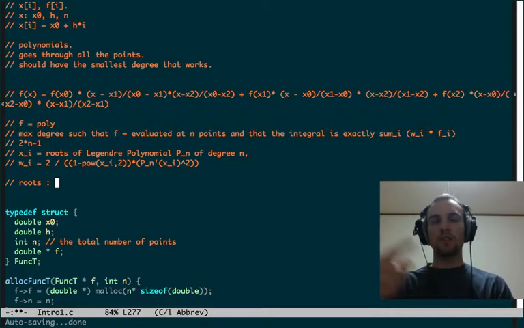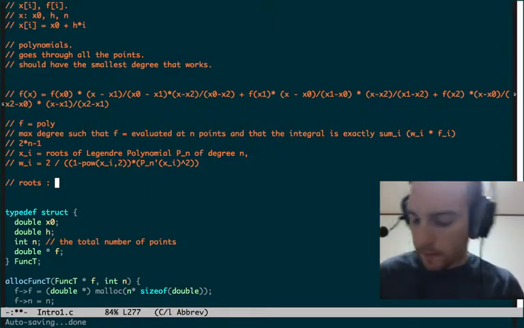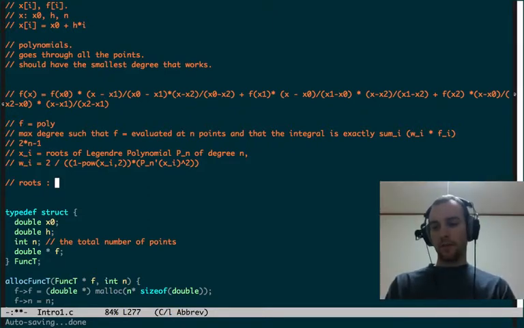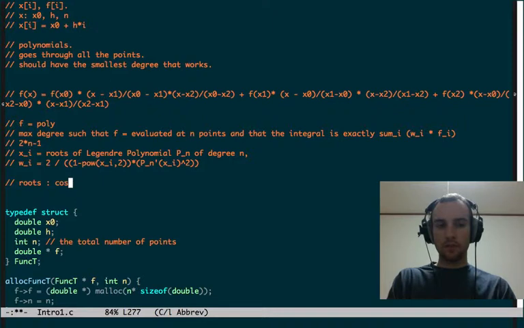Parabola, 2 roots. So it's the degree of the polynomial, right? So you have n roots and the ith root. So if you just pick one root, it's going to be close to the cosine of pi times i minus 1 over 4 over n, which is a degree, plus 1/2.